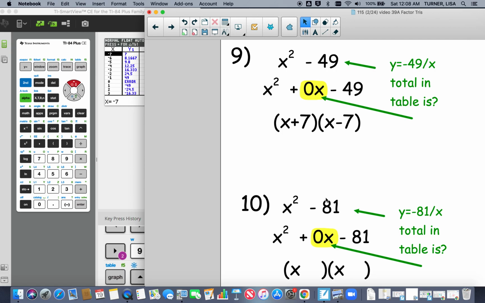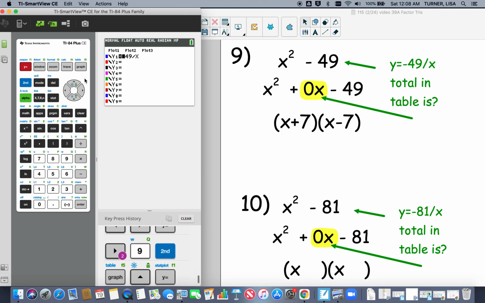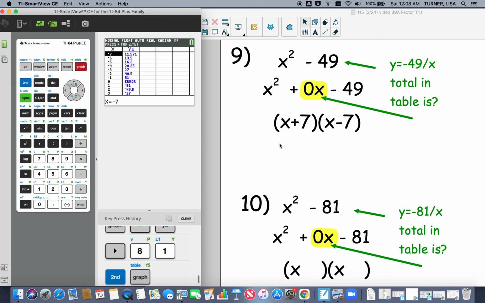So the same thing goes for this very last one, -81. I bet some of you are already thinking about what it is. And so I'm just going to type over that 81. Doing it with me will help. And I'm going to go to the table. I'm looking for factors of -81 that add up to 0. And that's why we wrote that on the beginning of our notes. So do I see it on the screen? I don't.